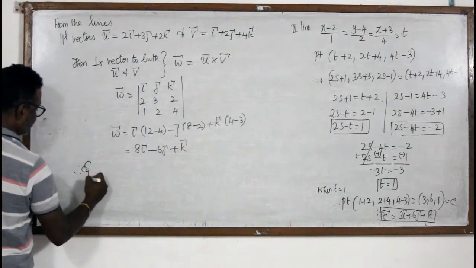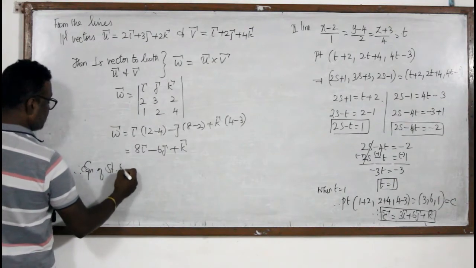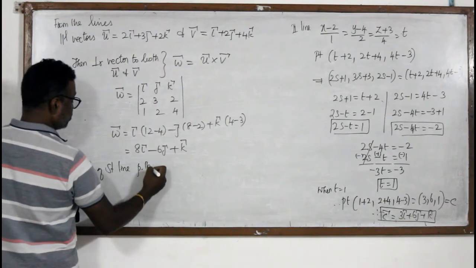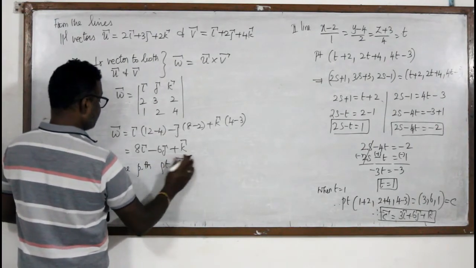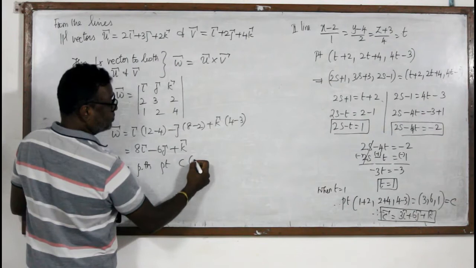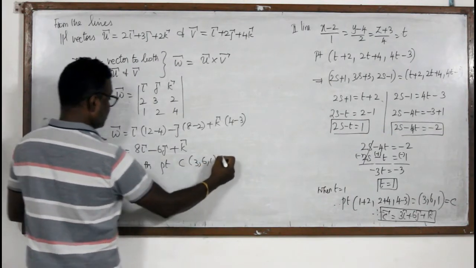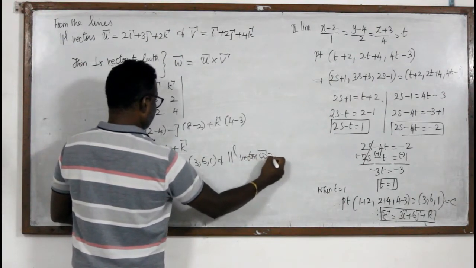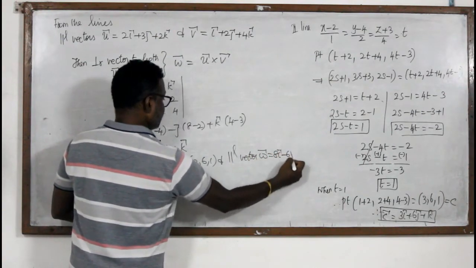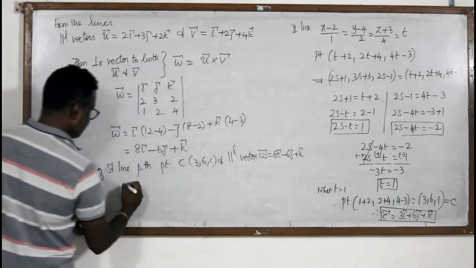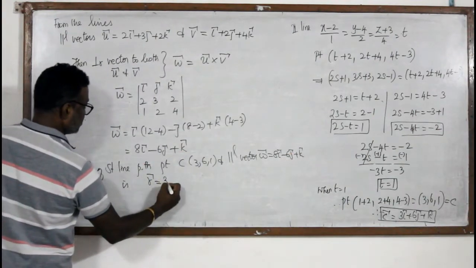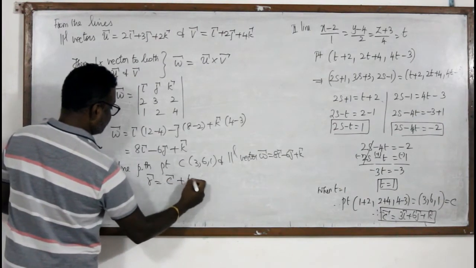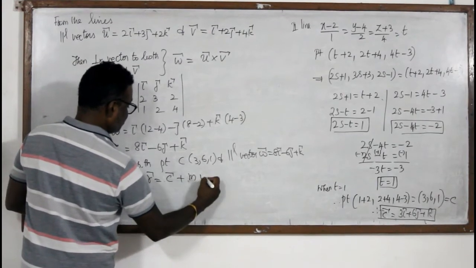Therefore, the equation of the straight line passing through the point c of 3, 6, 1 and parallel to vector w equal to 8i minus 6j plus k is r vector equal to c vector plus some m into w vector.